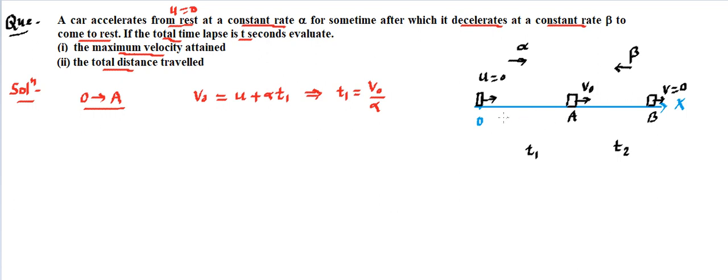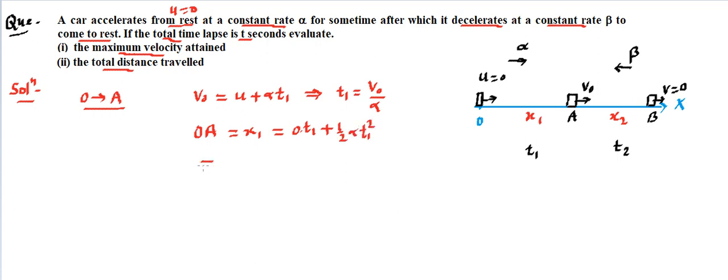We can also apply another equation if the need comes. That was the first equation of motion. If we use the second equation of motion for OA, let's call OA as x1 and the second part as x2. So OA equals x1, and as per the second equation of motion, ut plus half a t square, it is 0 into t1, because u is 0, plus half alpha into t1 square.